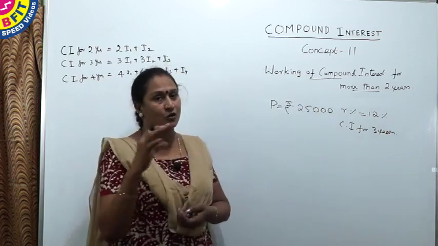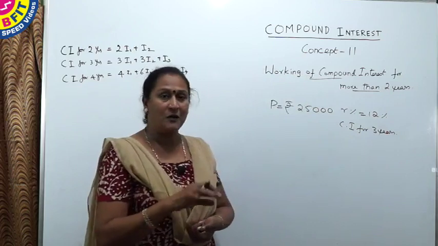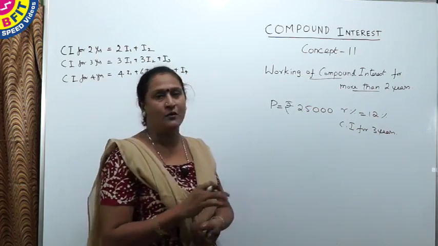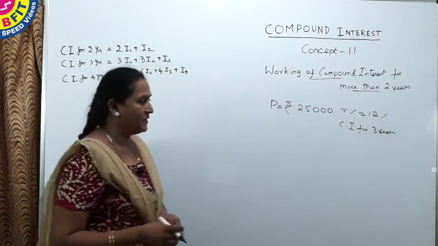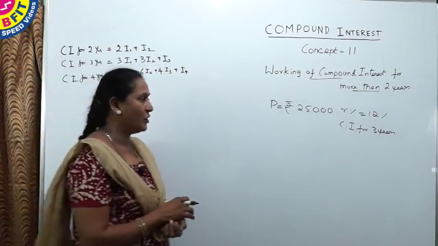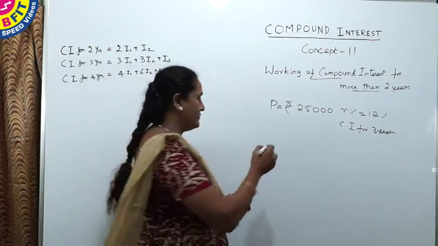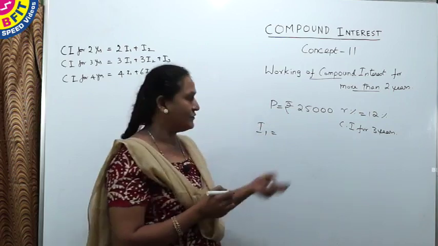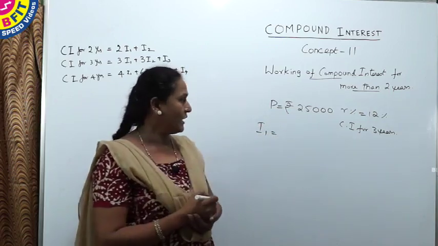You have to find the cube of the change factor, then multiply with the principal, and then subtract the principal from the amount to get the compound interest. But here, by merely using this pattern for 3 years, you can find the compound interest. So we'll calculate what is I1, I2 and I3, because for 3 years we need up to I3.